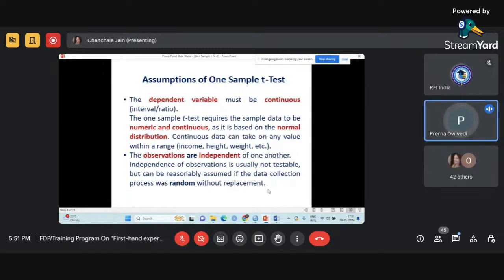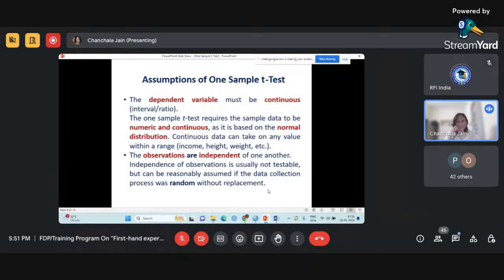Ma'am, independent variable should be like two different cities or two different classrooms or two different states? I haven't mentioned independent variable anywhere. I'm only saying a dependent variable will be only one, and we are treating that variable as a dependent variable.